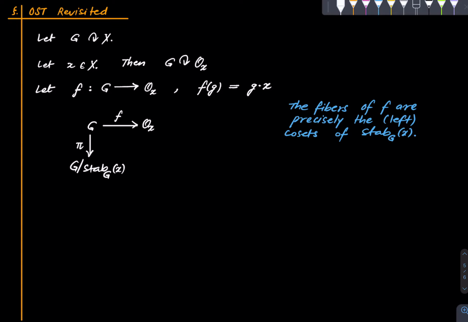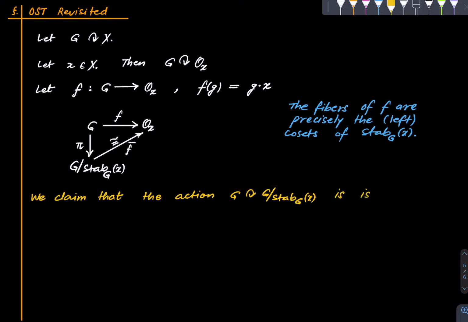So basically, f factors through this thing to give a map f bar which is bijective. Right? That's not hard to see. And here is our claim. So we claim that the action of G on G mod stabilizer of x, and this is the coset action, is isomorphic to the action of G on the orbit of x.